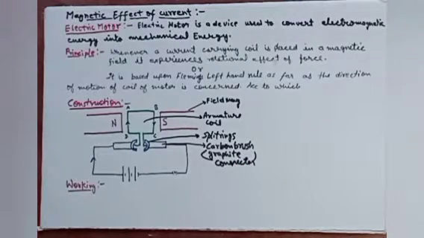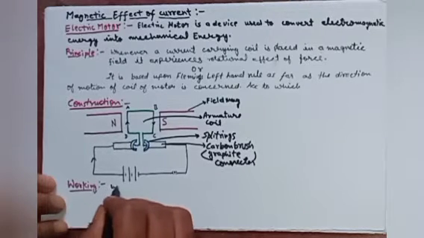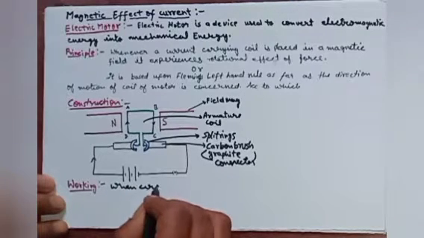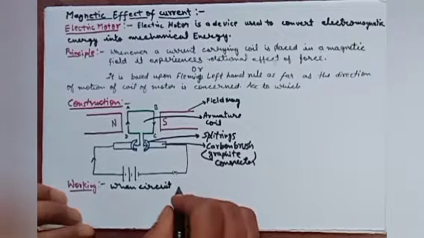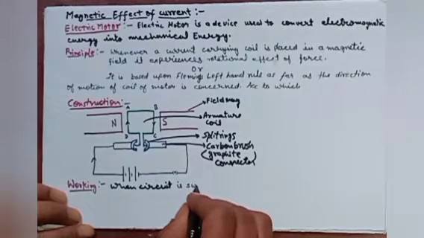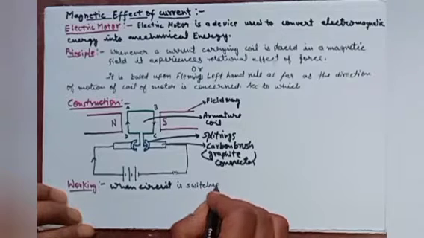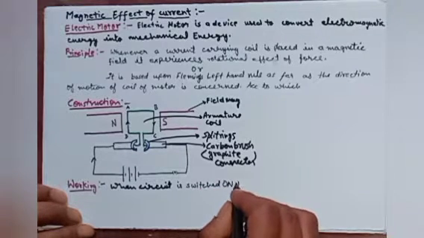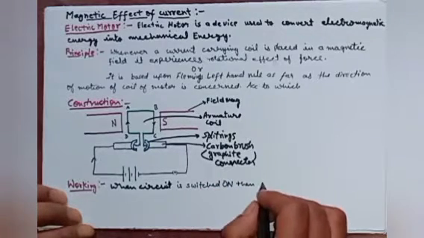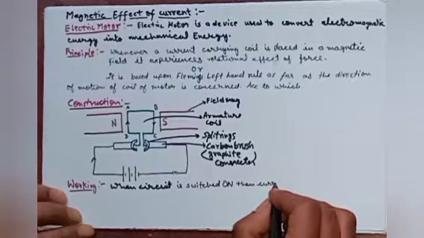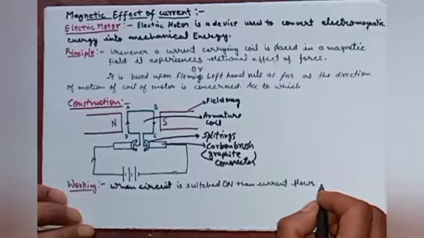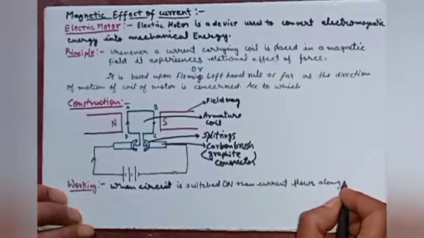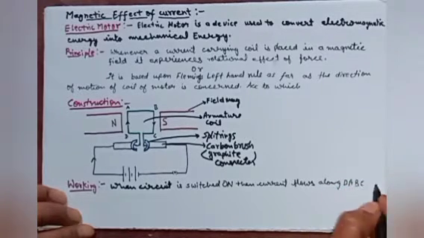So working is when the circuit is switched on, then current flows along DABC.